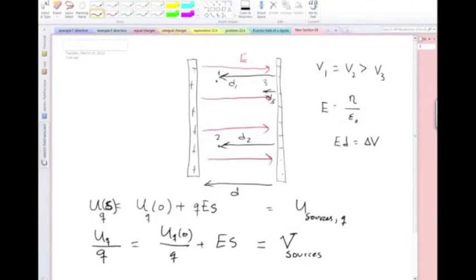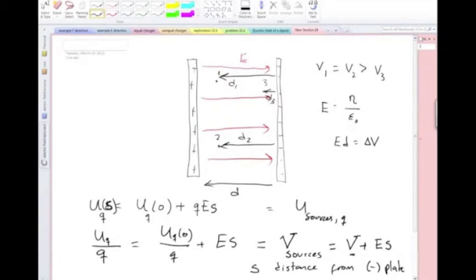So I can write the electric potential of the sources, which are the positive and the negative plate charges on those plates, as the potential on the negative plate plus the electric field multiplied by the distance from the negative plate to the point in space where you are at. So S refers to the distance from the negative plate, what we were previously calling D, following his suggestion.